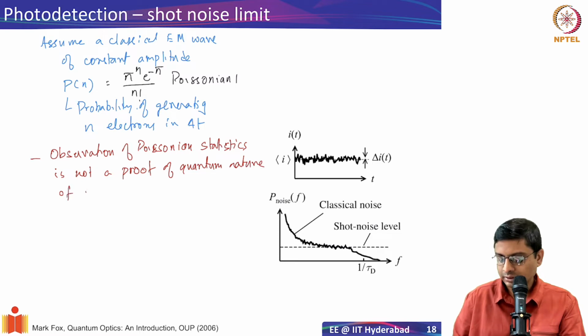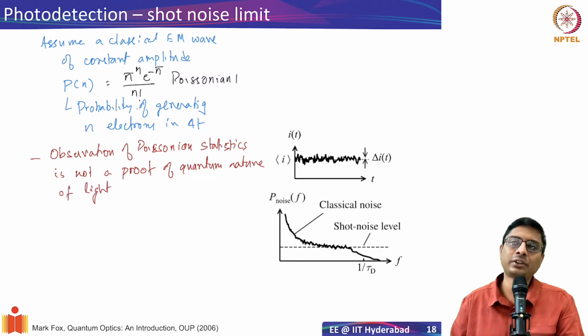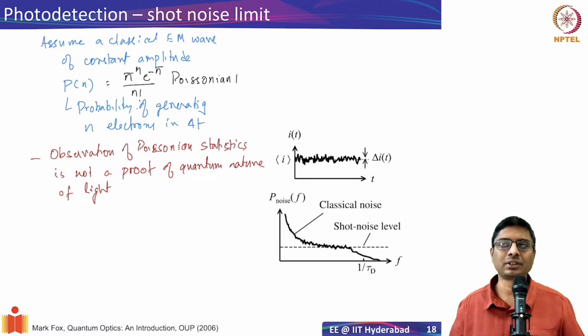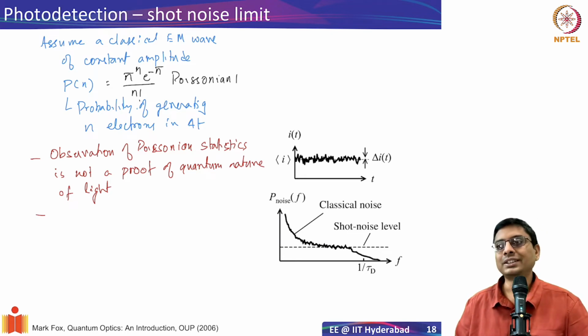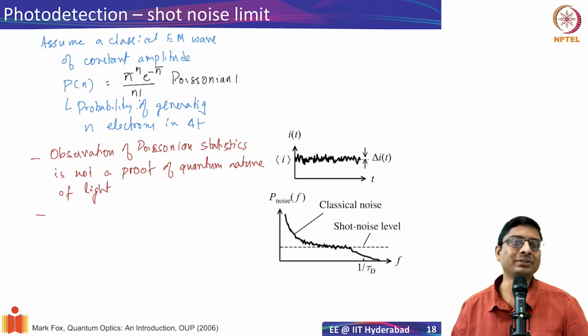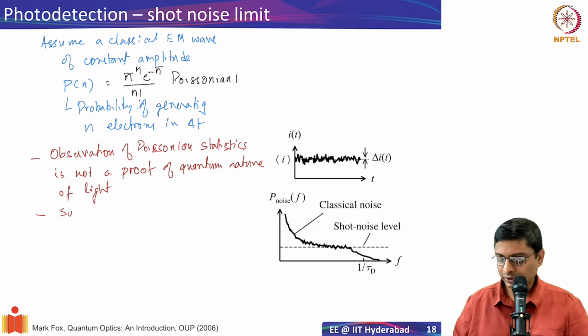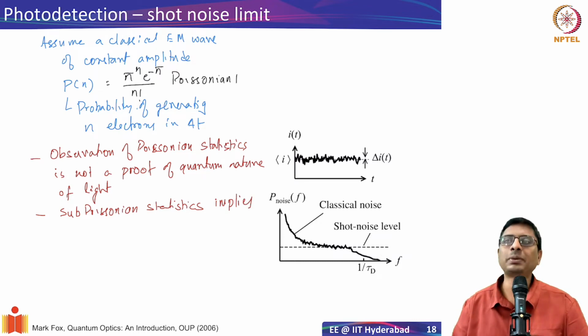Why do we say that? Because even if you take a classical electromagnetic wave, I'll still get Poissonian statistics from the photodetector. But the interesting catch here is that if you observe sub-Poissonian statistics, then that is a proof, right? Because you cannot replicate that with a classical electromagnetic wave. A classical electromagnetic wave will give you Poissonian, but if you observe sub-Poissonian statistics, that implies it cannot be explained by the photodetection process.